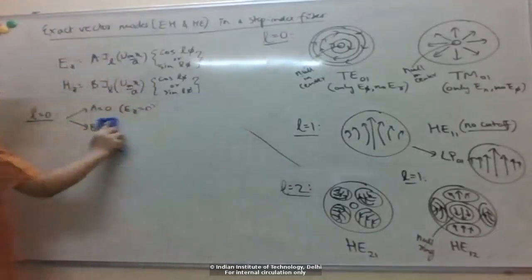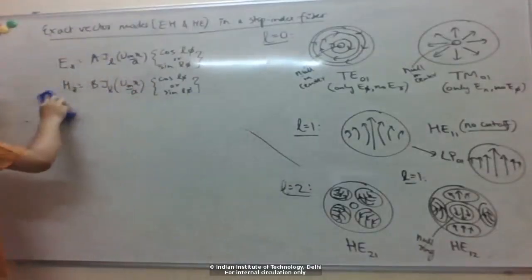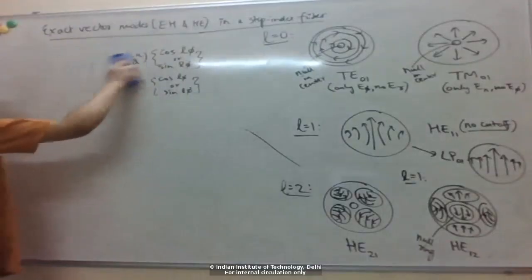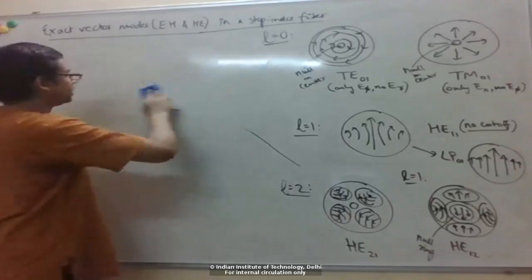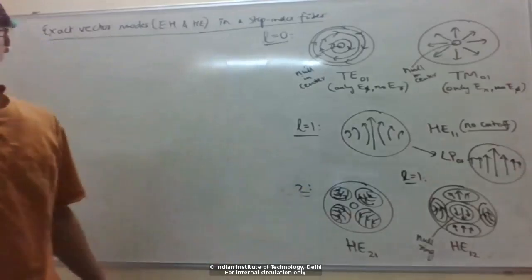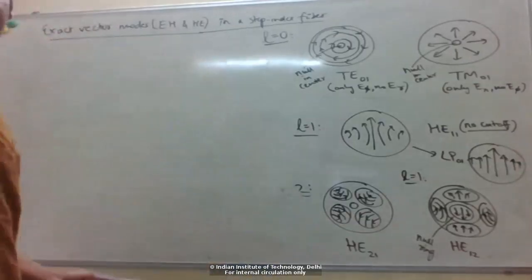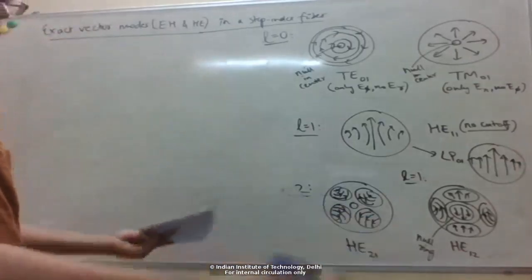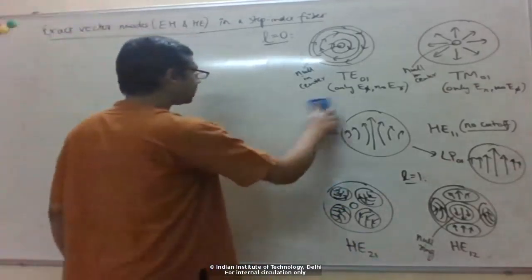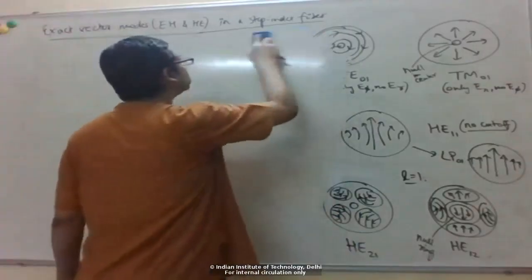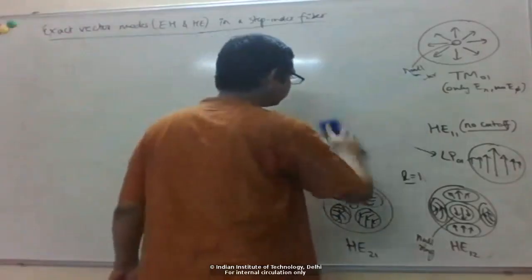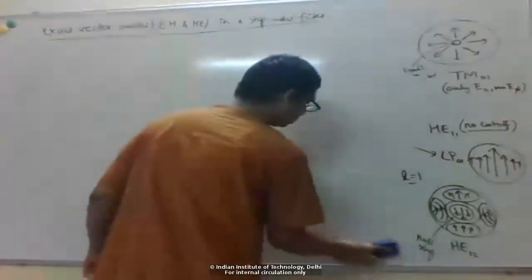That means that their propagation constants will be similar, which means those modes will become degenerate. And then we can add them up, because degenerate modes we can always add up to make new modes. Any linear combination of degenerate modes is another mode, because they also satisfy the wave equation with the same beta.